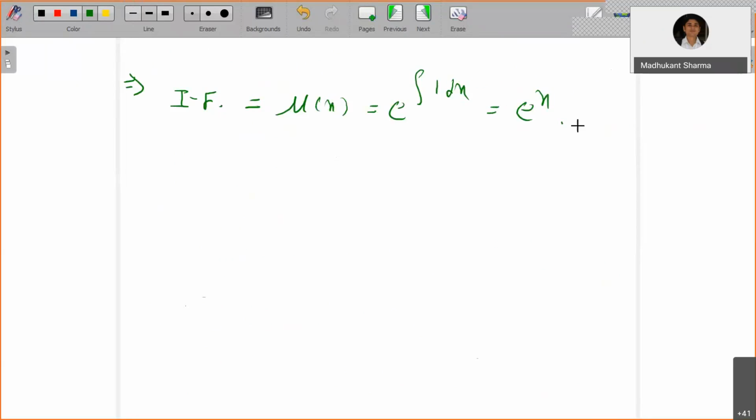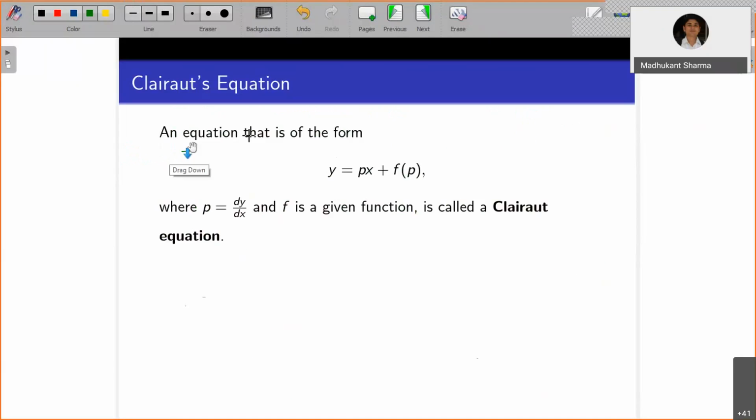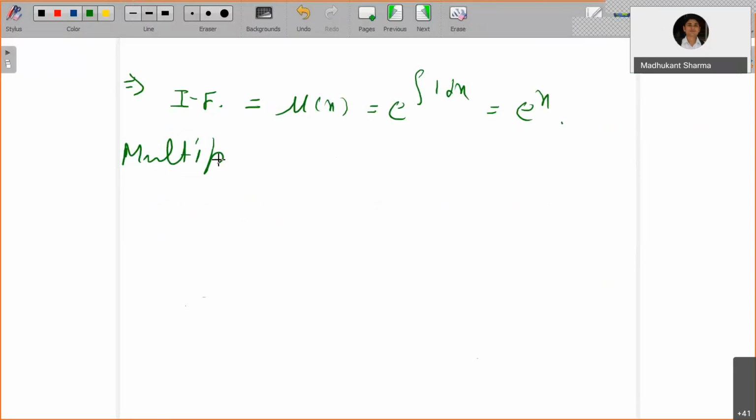Now the resulting equation. Multiply 1 by e to the power x.